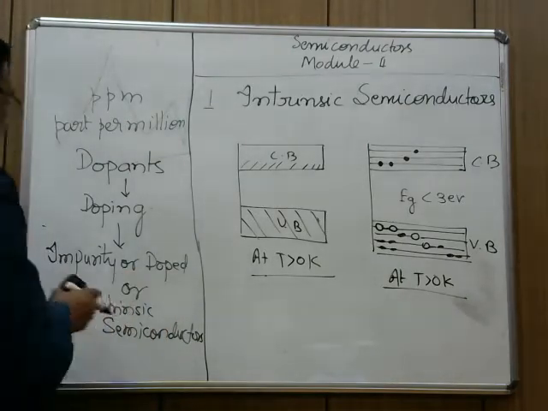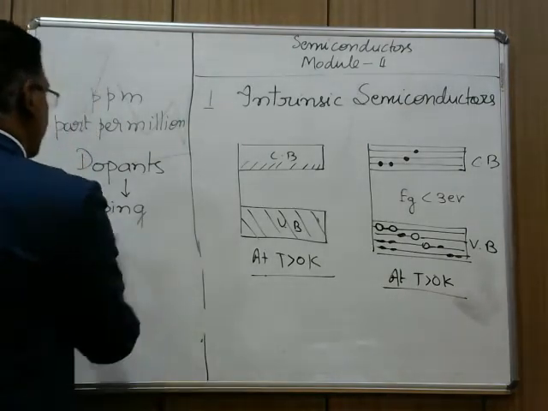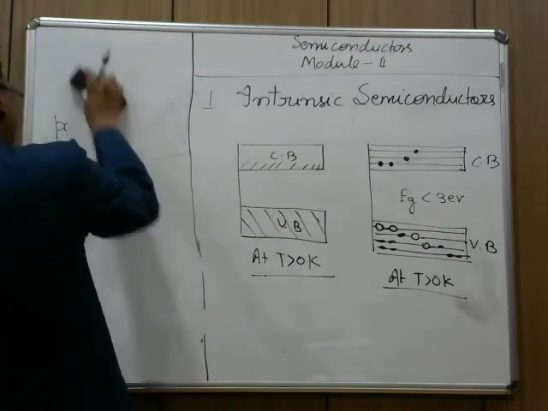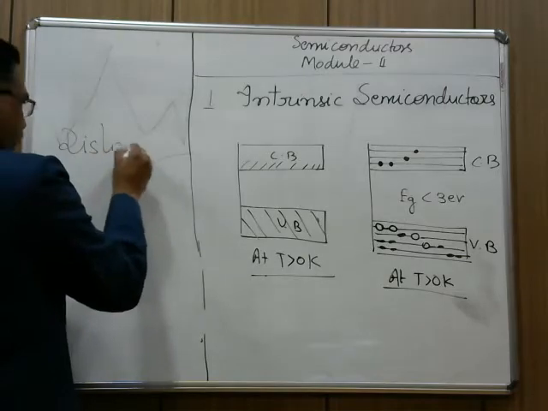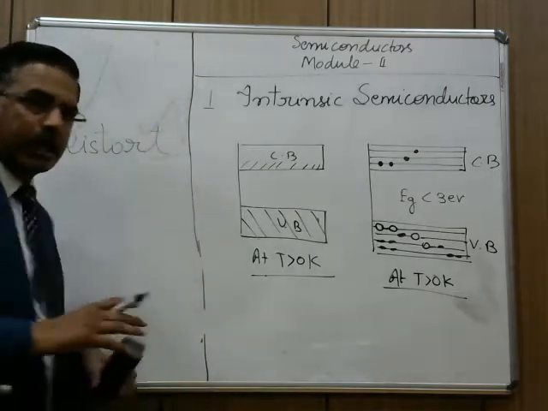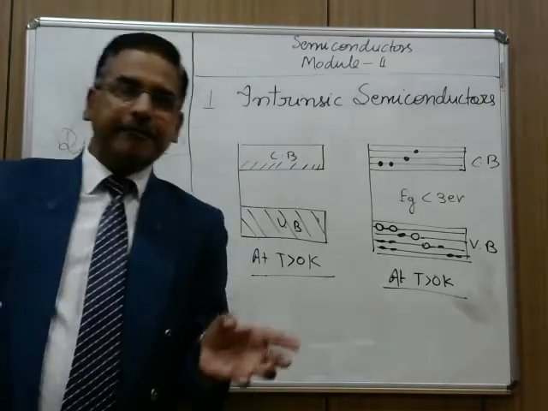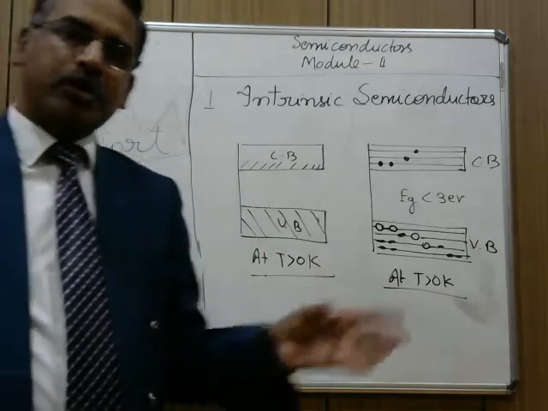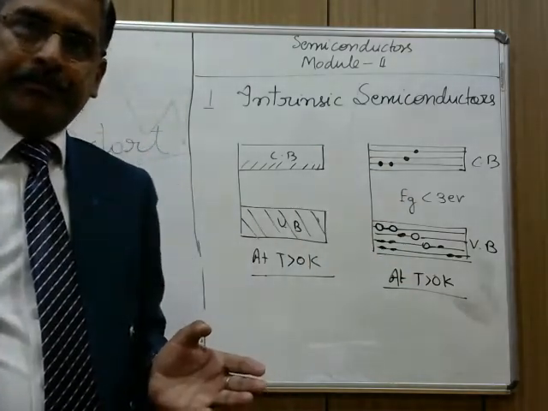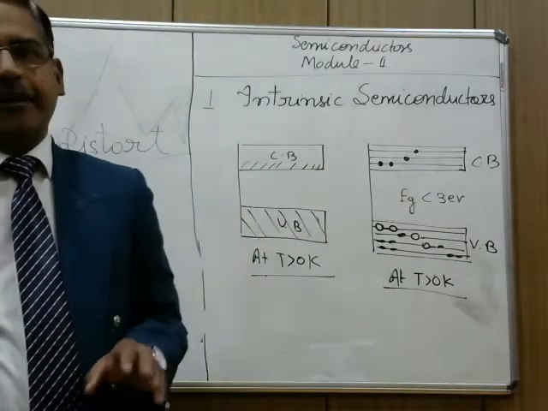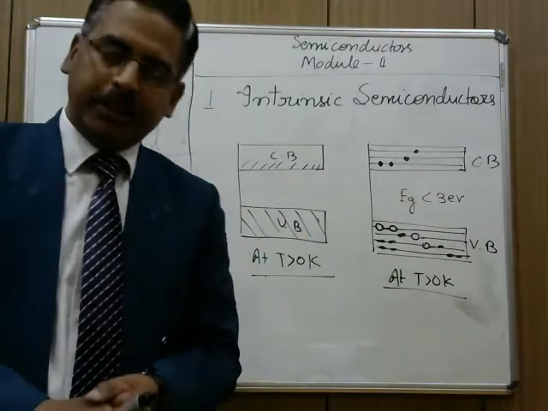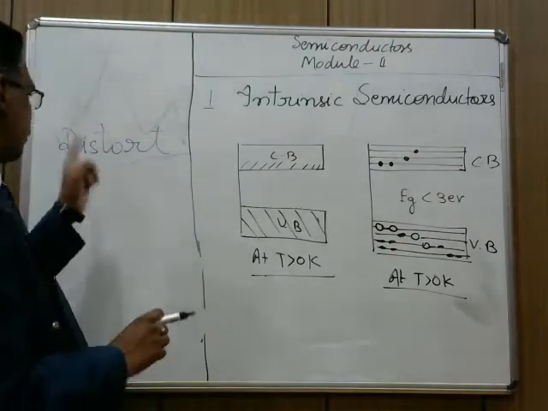The dopant should not distort the crystal lattice of the pure semiconductor, meaning it should not disturb the pattern of the crystal lattice. The crystal lattice should remain the same. It was of diamond shape, and it should remain diamond shaped after doping. So this is the first requirement.